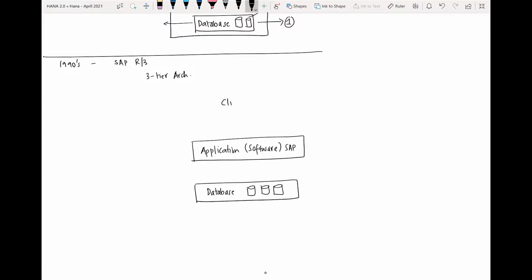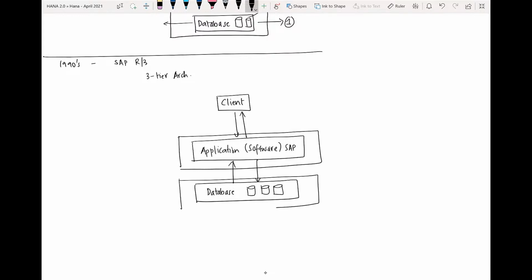And you have a client to access the system. So they can integrate with each other, but they are individual boxes, which means that if something goes wrong with my database layer, the application is still running.